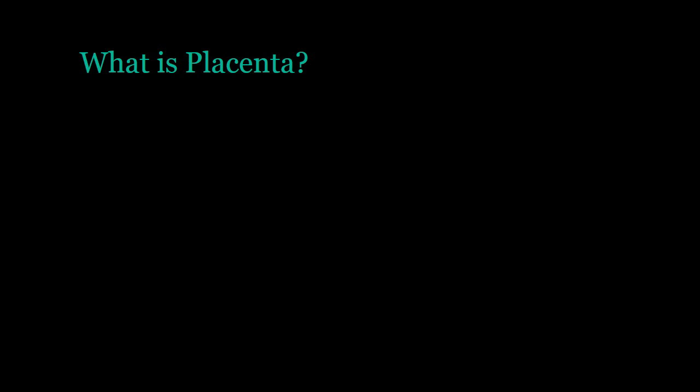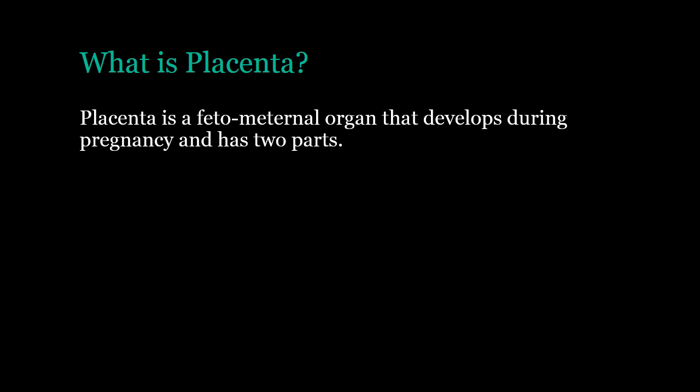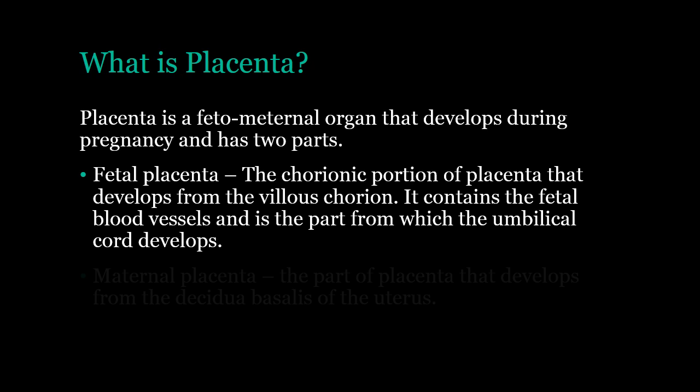What is placenta? Placenta is a temporary organ that develops during pregnancy. To define it, placenta is a fetal-maternal organ that develops during pregnancy having two parts, as the word suggests, fetal part and maternal part.